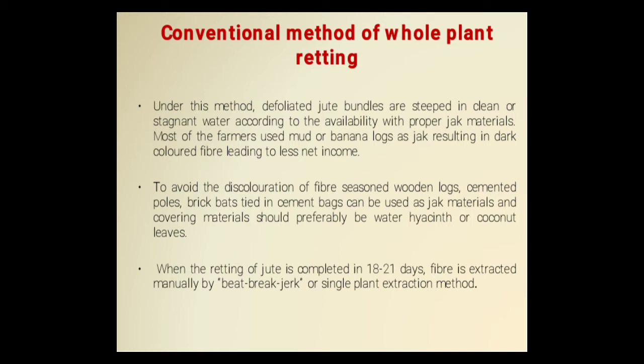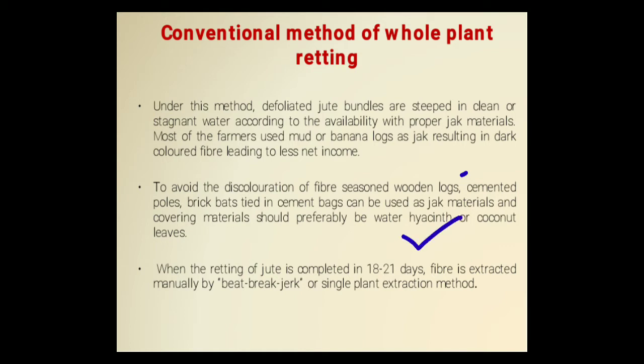Most of the farmers use mud or bananas as jack, resulting in dark colored fiber, leading to less net income. So these mud and bananas are placed on the top of the jute, such that the jute is submerged into the water.